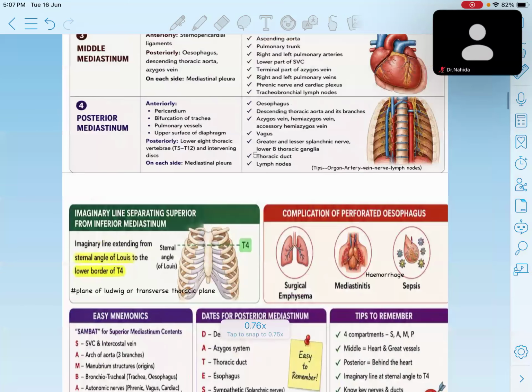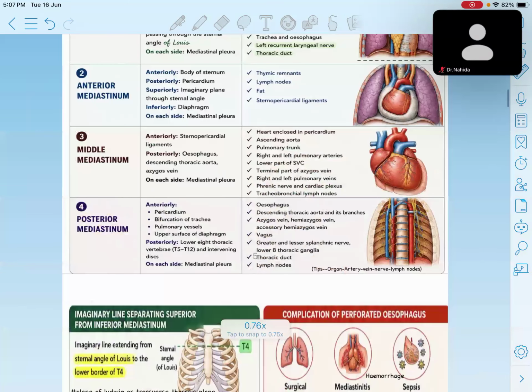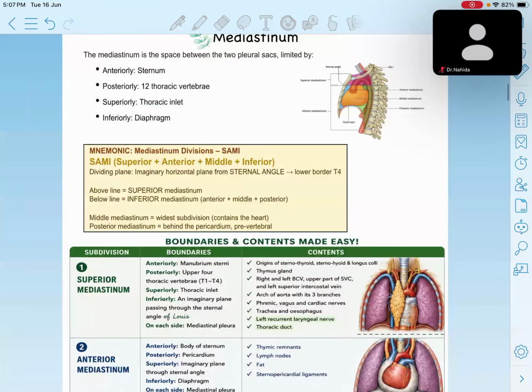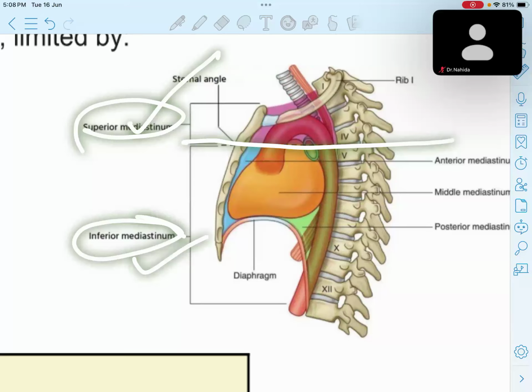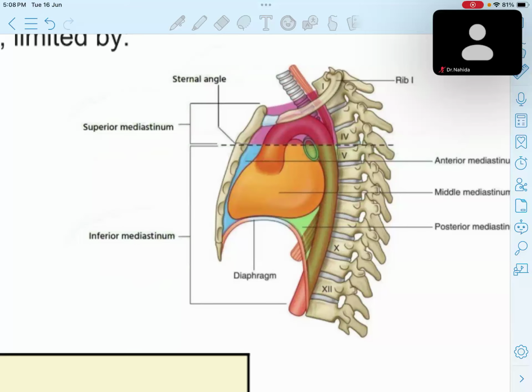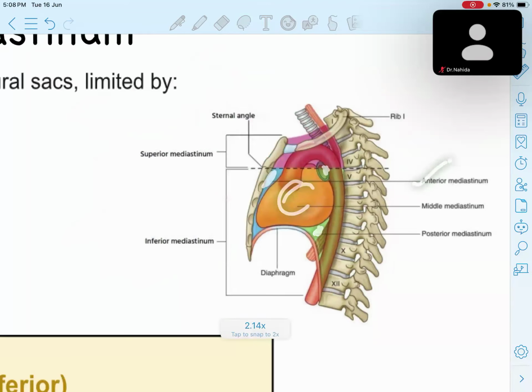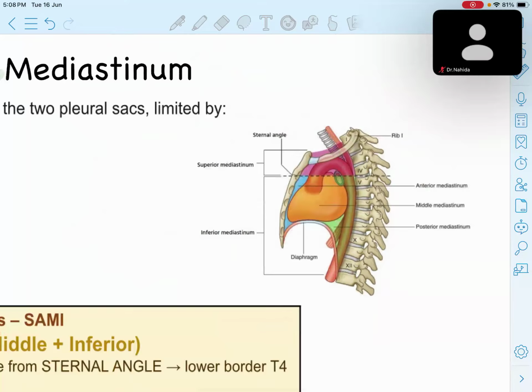This plane mainly divides the superior mediastinum and the inferior mediastinum. The inferior mediastinum is divided into three parts: anterior, middle, and posterior. For our MRCS exam, the most important is the posterior mediastinum.